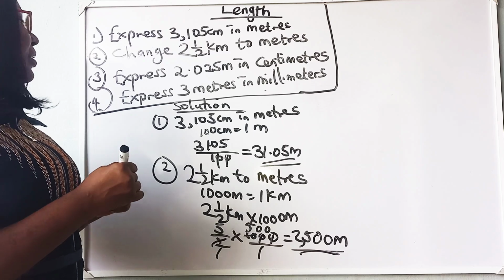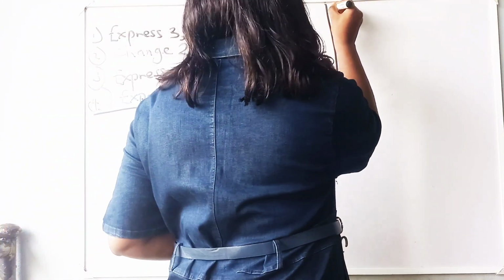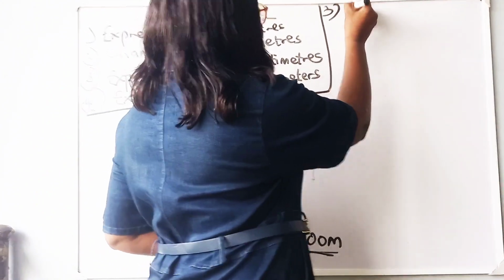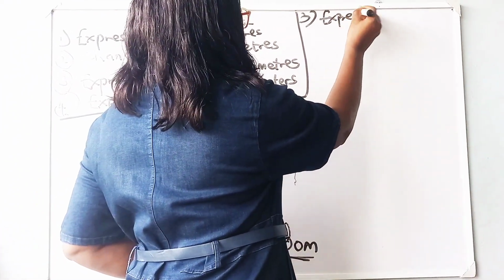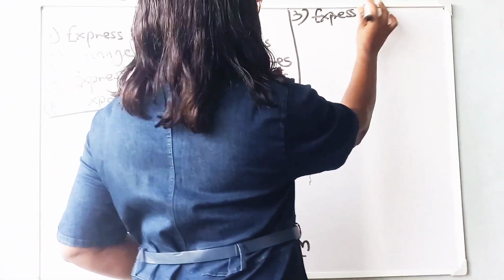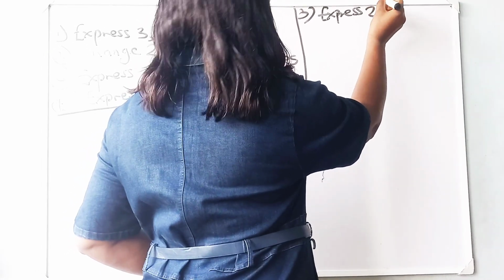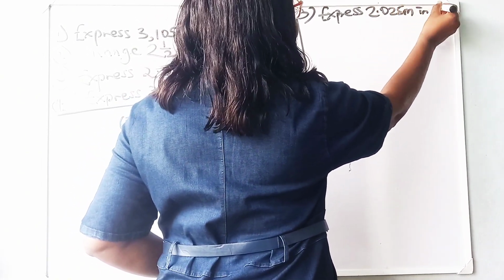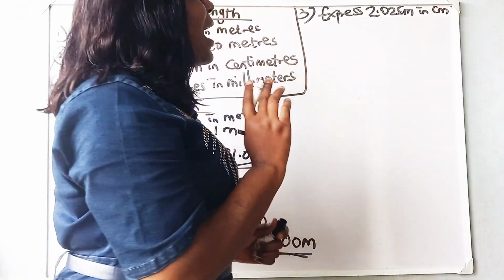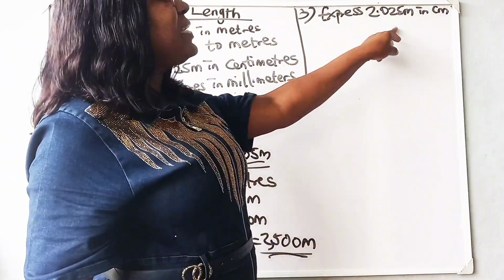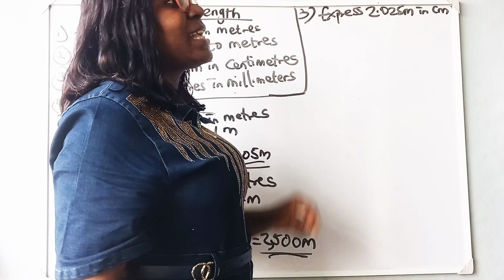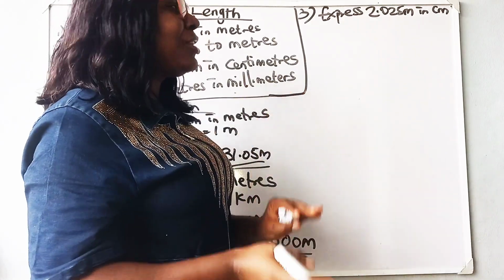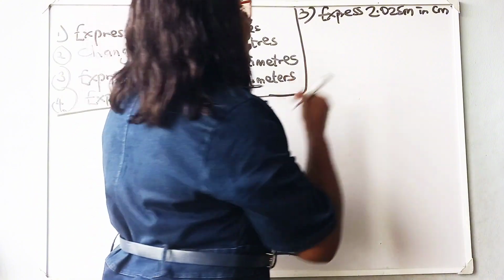Okay. Now the third one says express 2.025 meters in centimeter. Okay, this is what we are asked to do. Now, meter to centimeter, meter is bigger than centimeter. Remember what I said, when you're converting from a bigger unit to a smaller unit, you're going to multiply. So in this aspect, let's go.